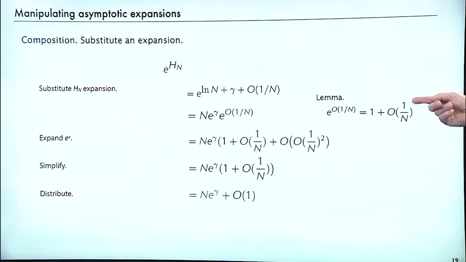And again, n e to the gamma, that grows with n. O of 1 is a constant, so there's a big change in precision. So that's going to be a very accurate approximation for large n.